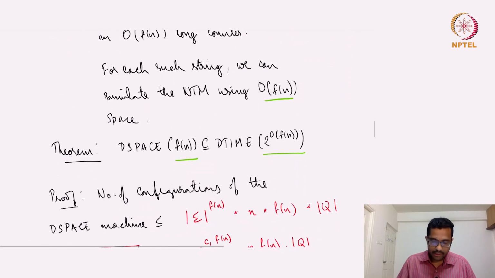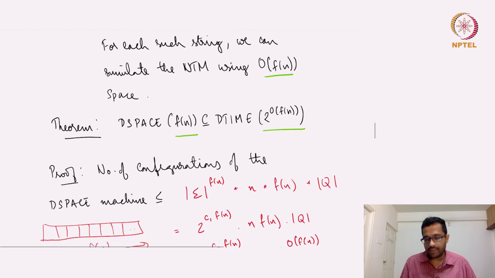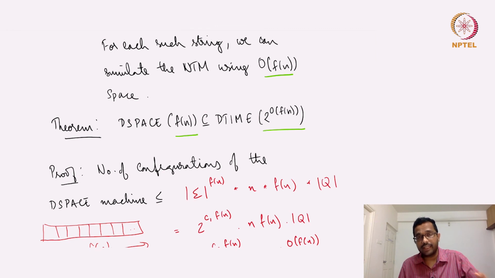Then we saw space classes contained in time classes. DSPACE of f(n) is contained in DTIME of 2^O(f(n)). So DTIME of f(n) is contained in DSPACE of f(n), but DSPACE of f(n) is contained in DTIME of 2^O(f(n)).